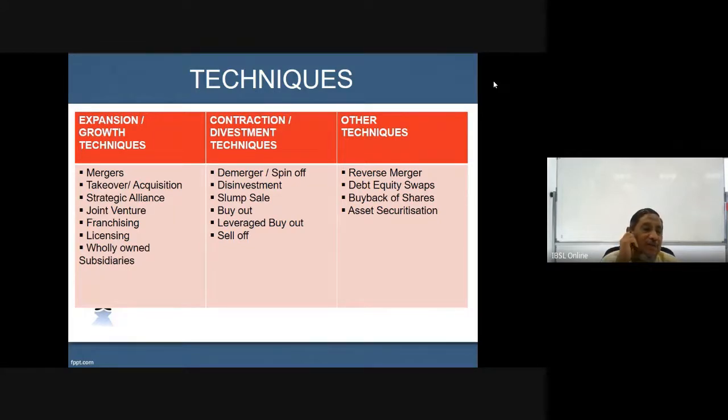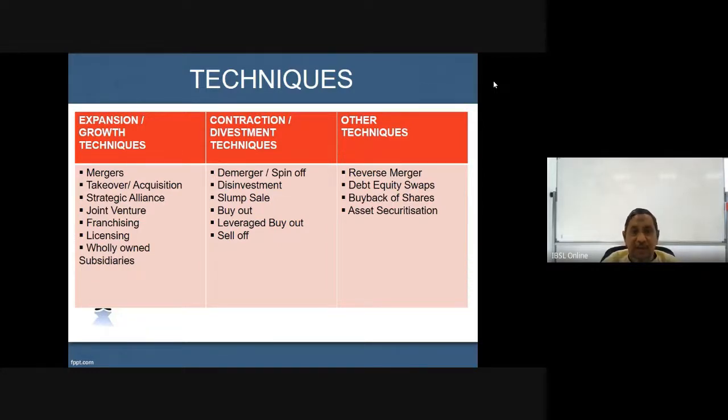So expansion business, franchising of branded products, licensing, and wholly owned subsidiaries, by which part of the corporate restructuring can be included in the growth techniques.